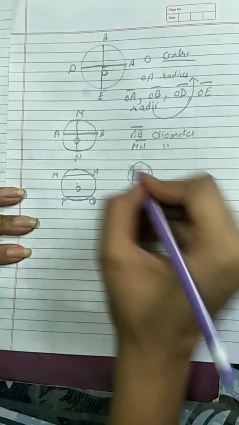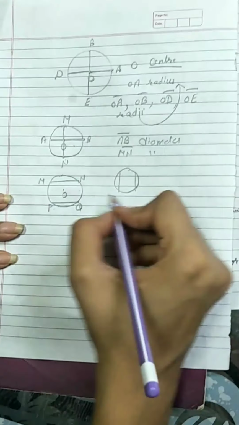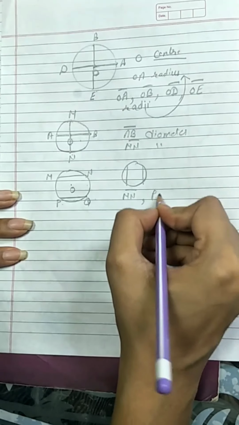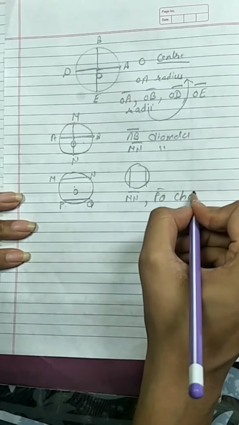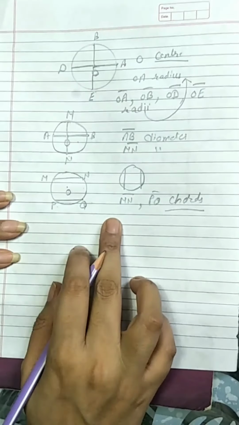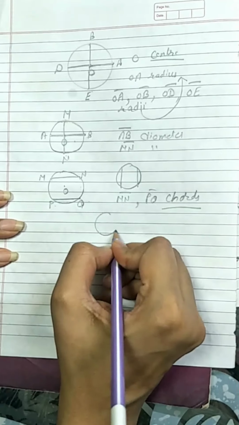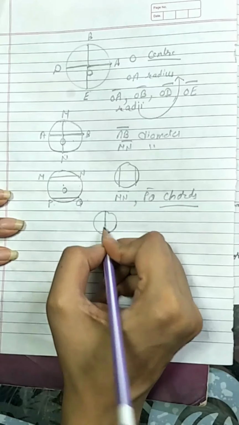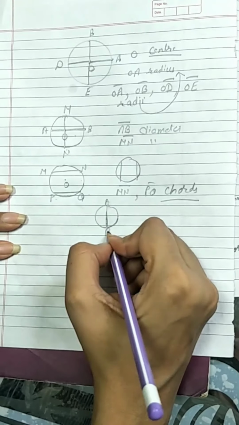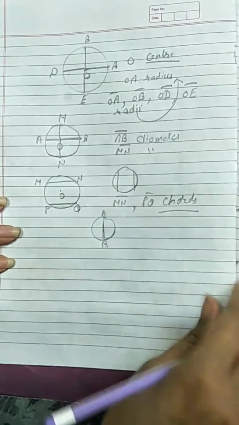This is also a chord. So we can say that MN, PQ are the chords of this circle. I hope chord is clear to all. And this diameter is called the longest chord of the circle.